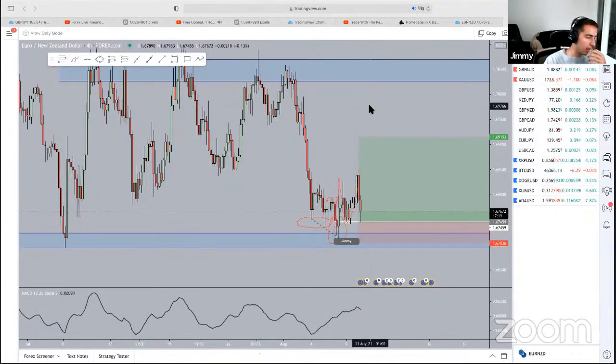Knowing this, I'm looking for a low entry point to have a big risk reward. If I'm wrong, I'm wrong 1%. If I'm right, 4%. And I'm looking for a 60 to 70% win rate. If I play with those numbers, I know for a fact that by the end of the month I'm going to be in profit, even if I take 4 or 5 trades in a month. That's it.